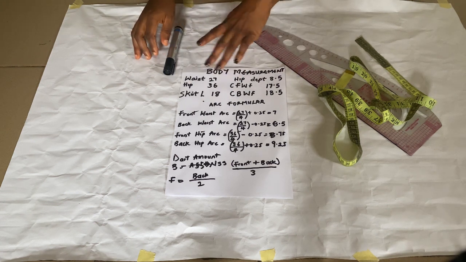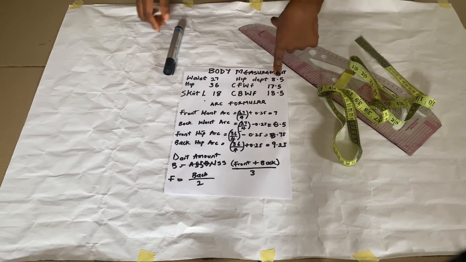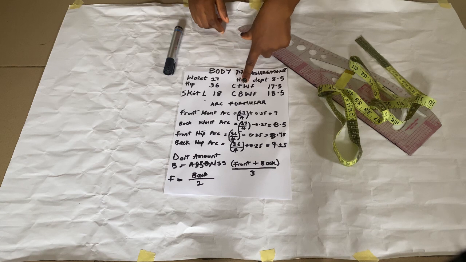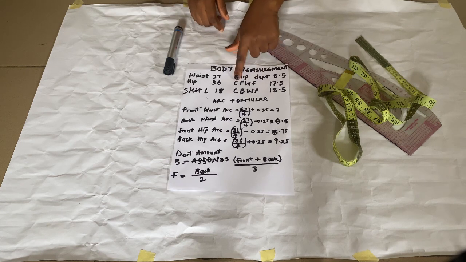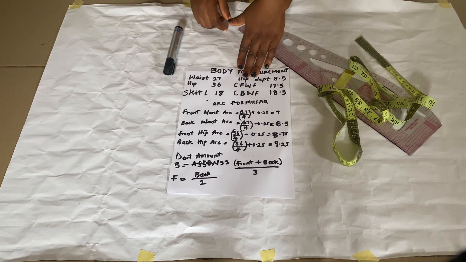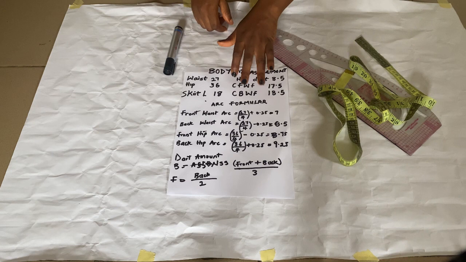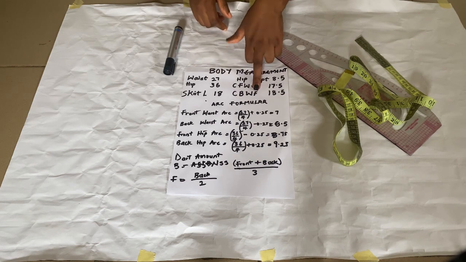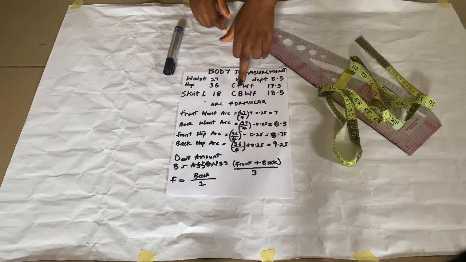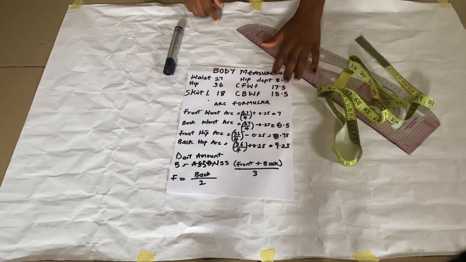We have the waist, the hip, the skirt length, the hip depth, the center front waist to floor. This measurement is taken from the center front of the person to the skirt length, and this one is the center back waist to floor measurement, which is taken from the center back of the person to the skirt length.